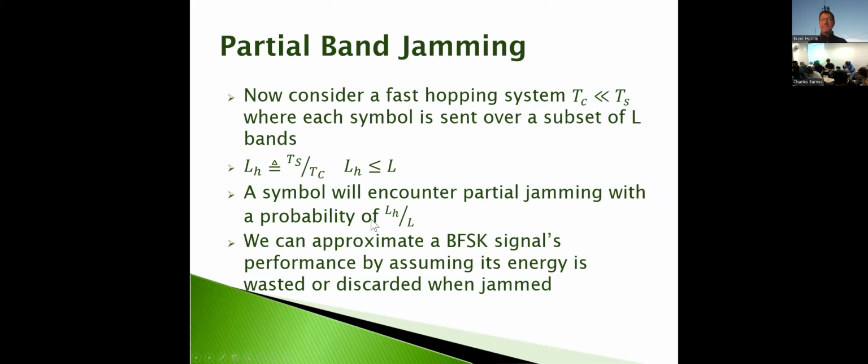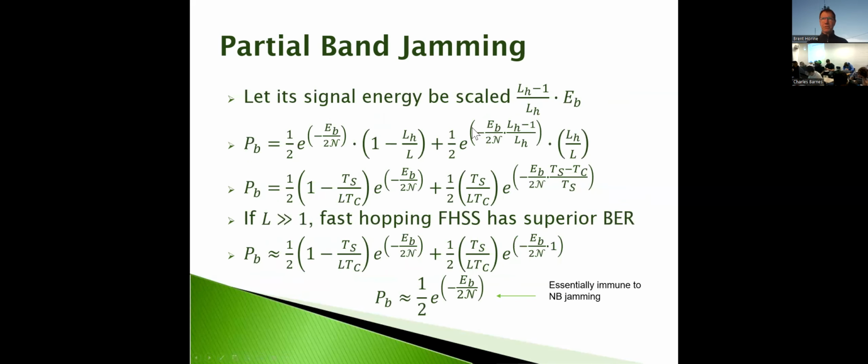We can approximate a binary FSK signal's performance by assuming that its energy is wasted or discarded when jammed. That looks like this relationship here, where we scale its energy per bit by (L_H minus 1) over L_H.